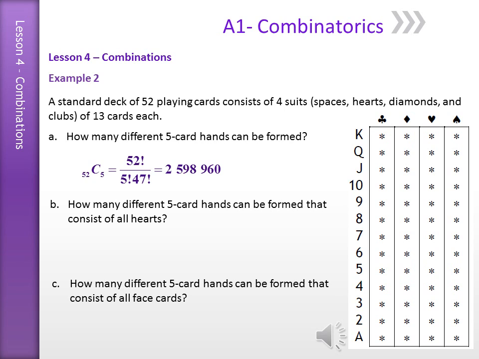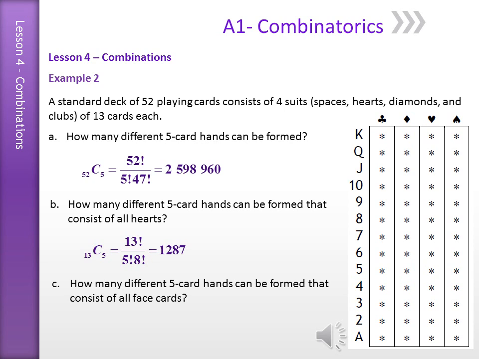B. How many different 5-card hands can be formed that consist of all hearts? There are 13 hearts in a deck, so we are choosing 5 cards from those 13. 13 choose 5, which is 1,287.